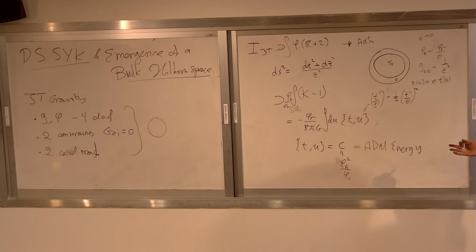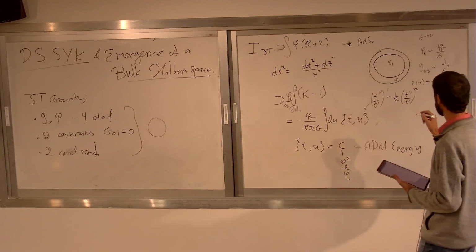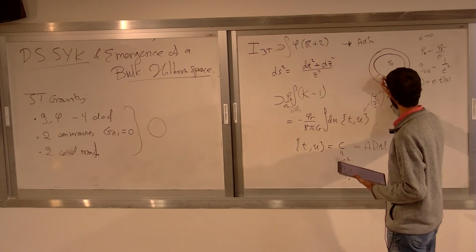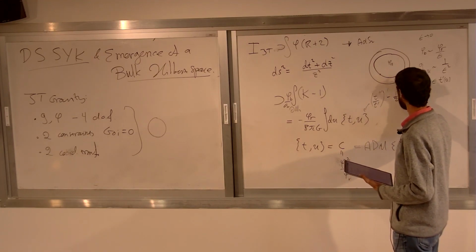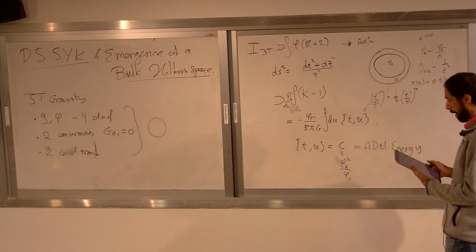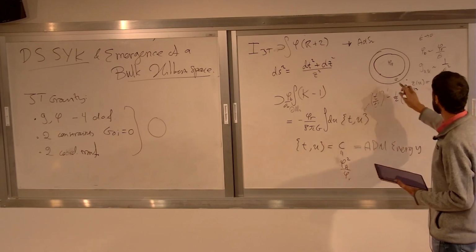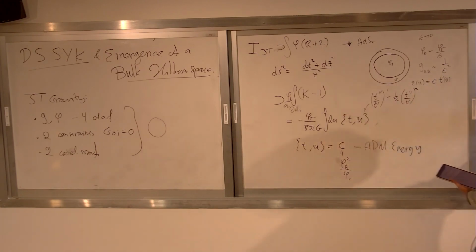So this is what the energy is. I want to make the following observation. Let's say you take two points on this circle. Let me draw it here. Now I'm only drawing the inside circle. Let's ignore the outside circle.